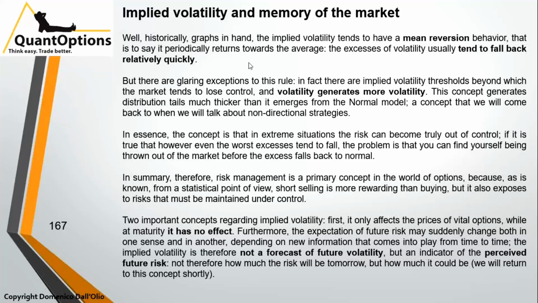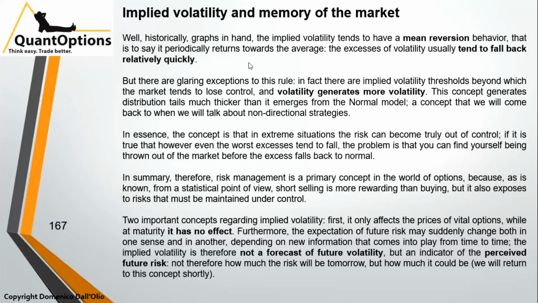But it also exposes to risks that must be kept under control all the time. Two important concepts regarding implied volatility. First, it only affects the prices of vital options, while at maturity it has no effect. Furthermore, the expectation of future risk may suddenly change, both in one sense and in another, depending on new information that comes into play from time to time.